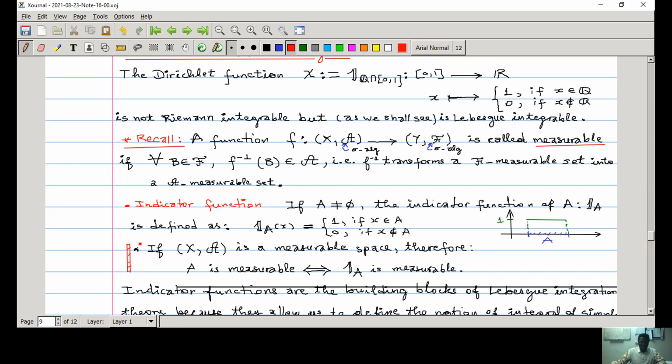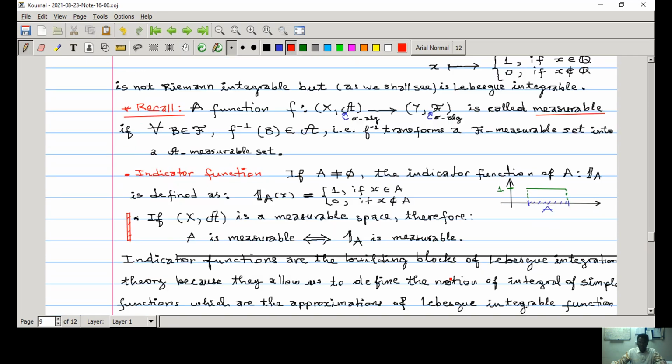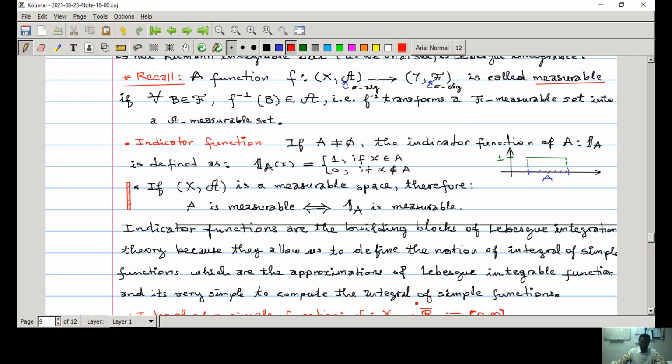So we have this result. A is measurable if and only if its indicator function is measurable. And you can prove it. I encourage you to do the proof yourself. This one.